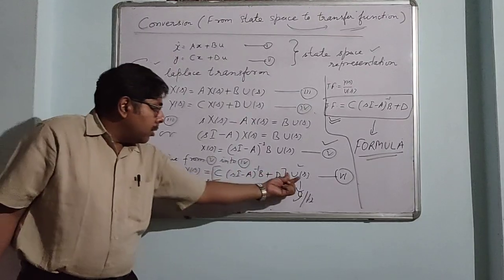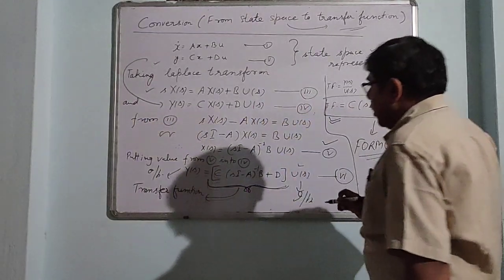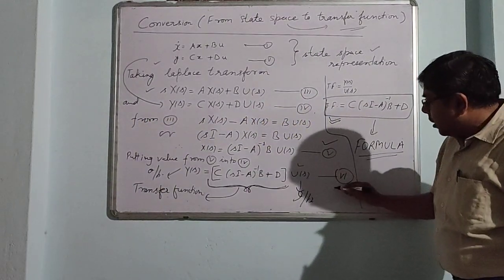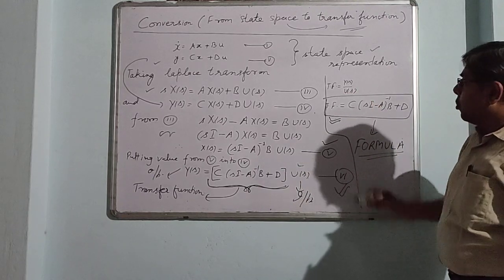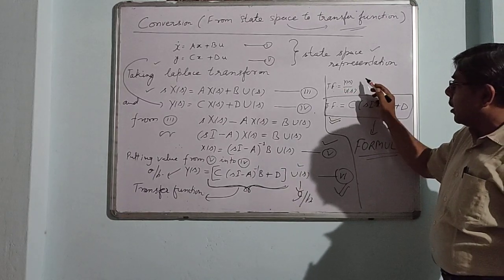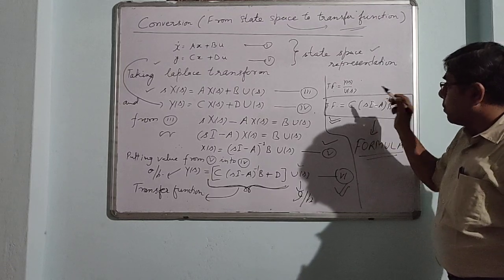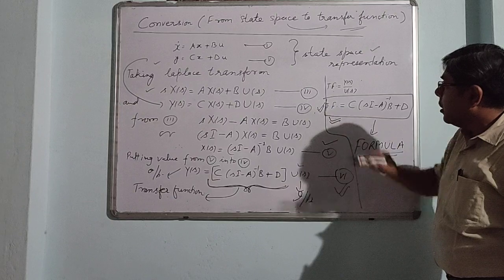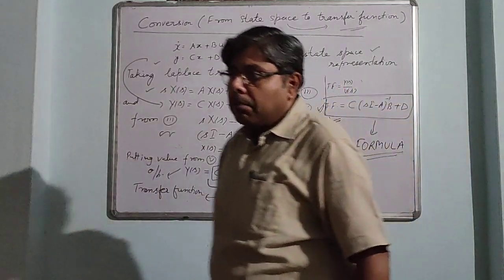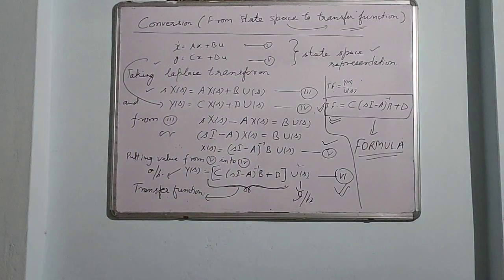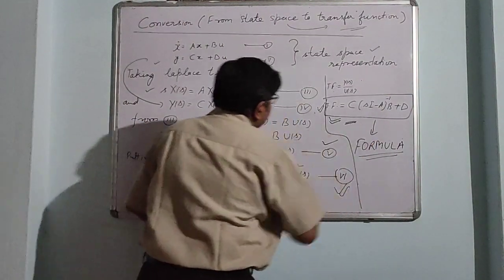If these two are single input and single output, then from this expression number 6 we can calculate transfer function. So transfer function, which is the ratio of output to input, can be obtained by this. So this is very important expression for transfer function. We can solve numerical problems based on this transfer function. So this is the basic relation.